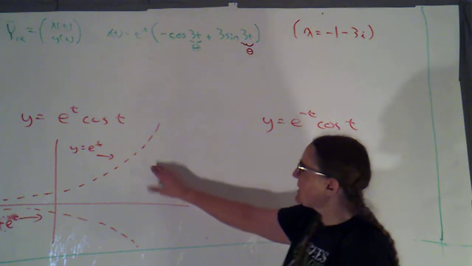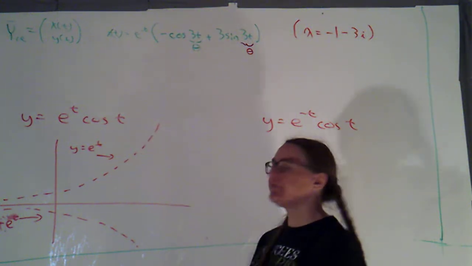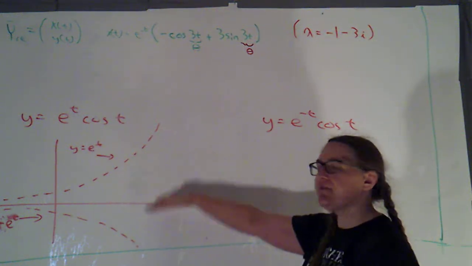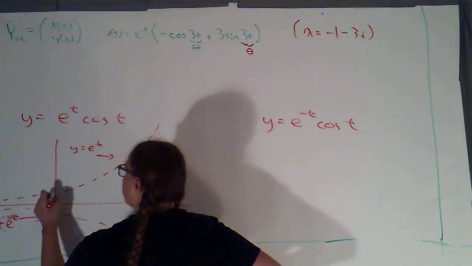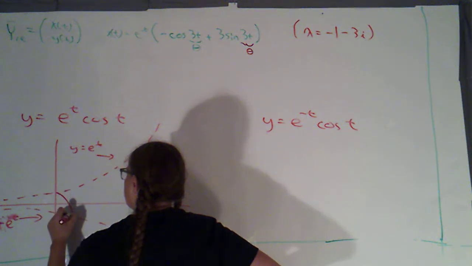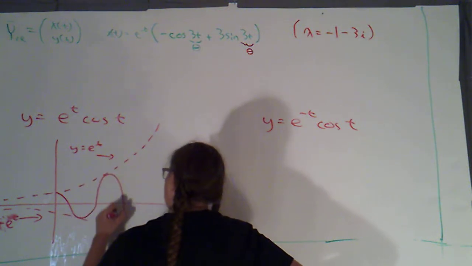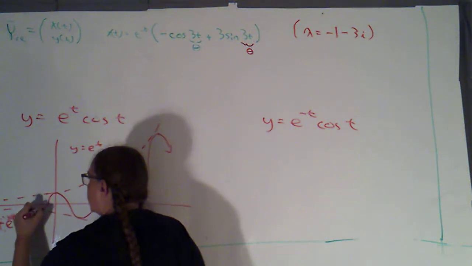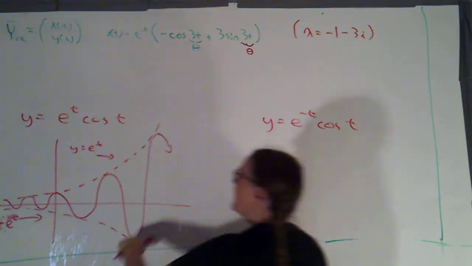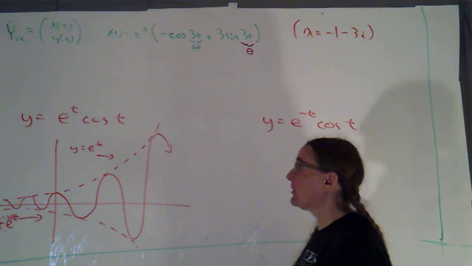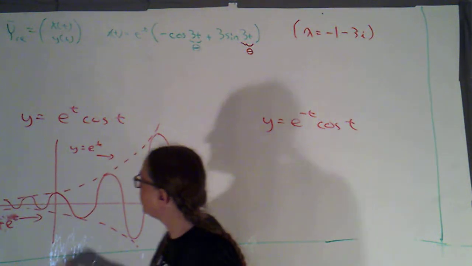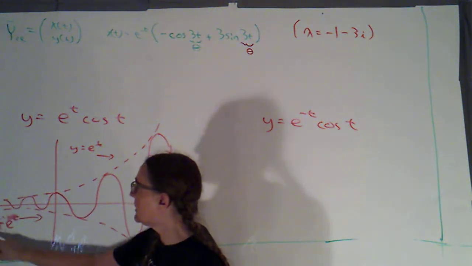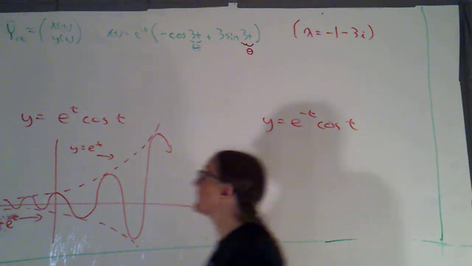So my cosine function, instead of oscillating between fixed values of 1 and negative 1, is oscillating between values that are on this curve. So it's going to look something like so. As t goes off to infinity, you can see that the oscillations are getting bigger and bigger, whereas as t goes off to negative infinity, my oscillations are getting smaller and smaller, so that y is going to 0.